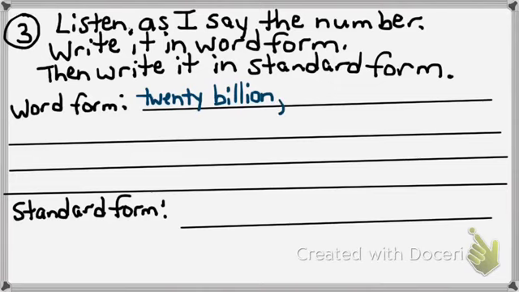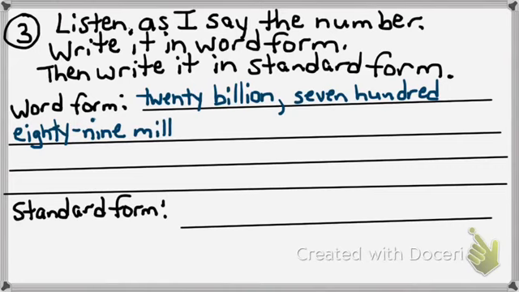Press play again, and I hear 789 million. So I'll write that down. 789 million. End of the period, put a comma.